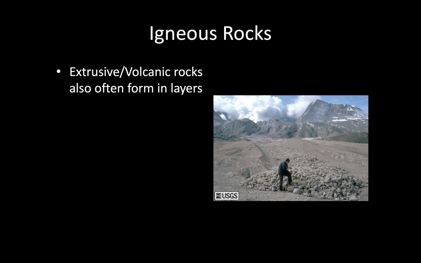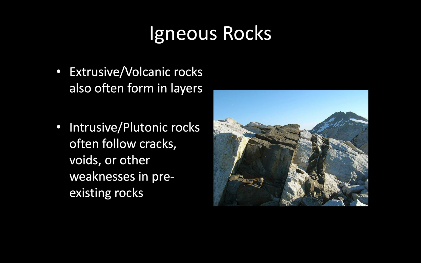Now, I know we said we'd spend most of today talking about sedimentary rocks, but we will be talking about extrusive or volcanic rocks too. They can also form in layers. So here is a lone geologist working in volcanic rocks out in the west. And you don't need to worry about these names, intrusive and plutonic. We're not going to worry about them in this class.